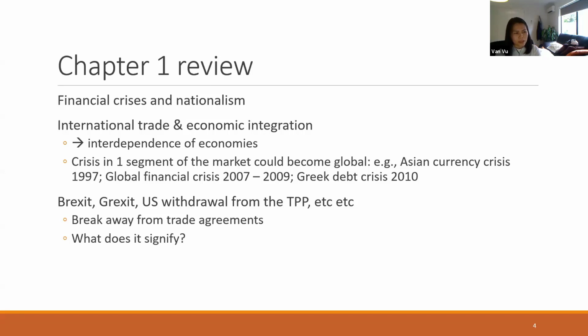So with the trade agreements, one of the reasons why the US government wanted to withdraw was because they think that the other countries benefited from the agreement more than themselves, okay? And a lot of that is to do with political play, okay?